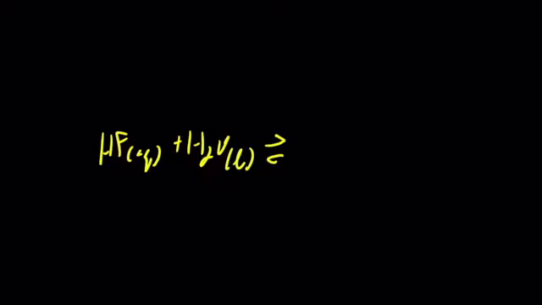And as a result, some parts of the hydrofluoric acid remain unionized. And while it does follow the general pattern of the proton donor and proton acceptor trend, it's still a weak acid. So we get H3O plus and F minus.